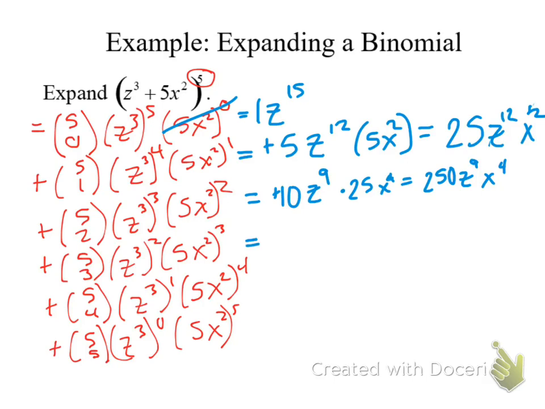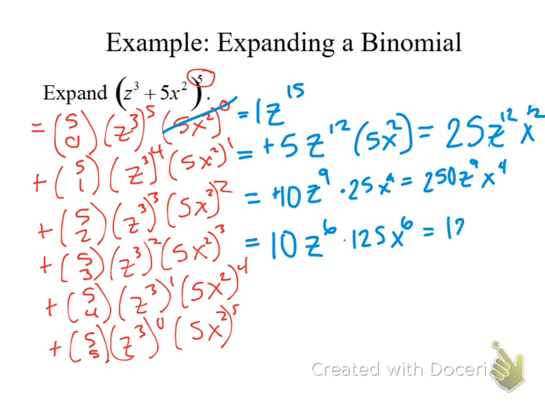5 choose 3 is also going to be 10. And then this is going to give me z to the 6th. 5 cubed is 125, and then x to the 6th.